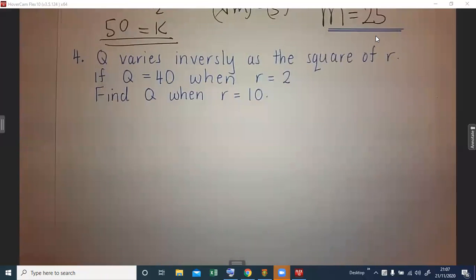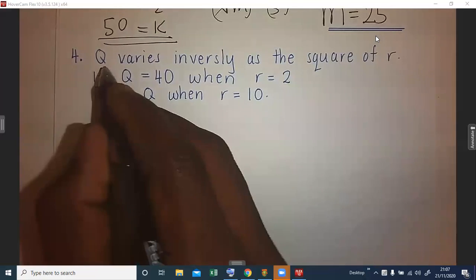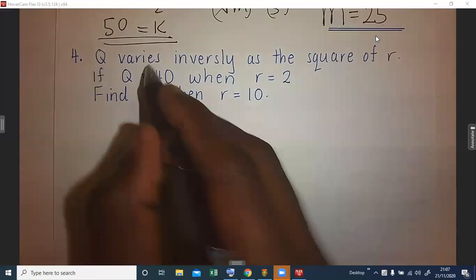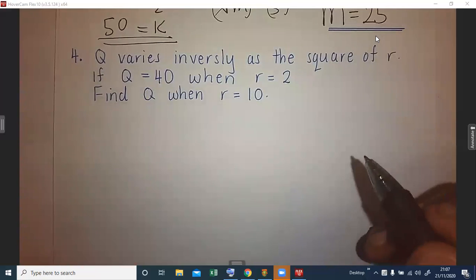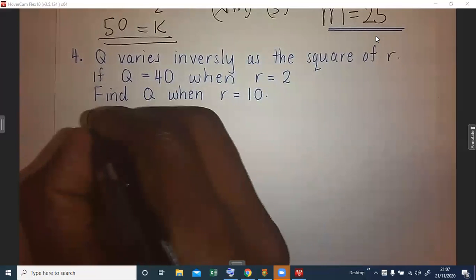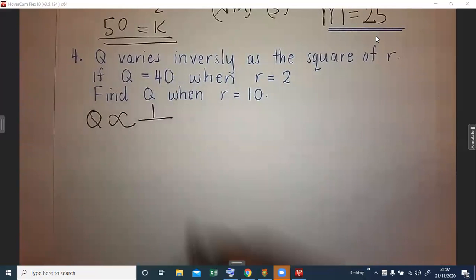Let's look at our last example, and this is also inverse variation. Q varies inversely as the square of R. Q varies inversely as R squared, because the statement says the square of R. So it means R has to be squared.